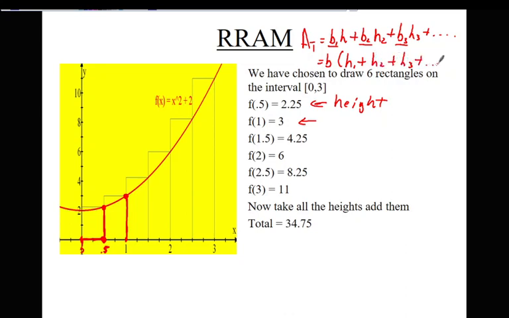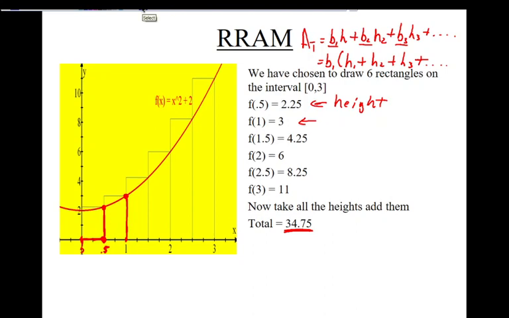So it's like factoring out my common base, since they're all the same, and adding up my heights. So that's what I did. I took all of these heights and added them up. Then I can multiply my total height by the width of each one, which is 0.5, and that will give me my area. And my area is 17.375.